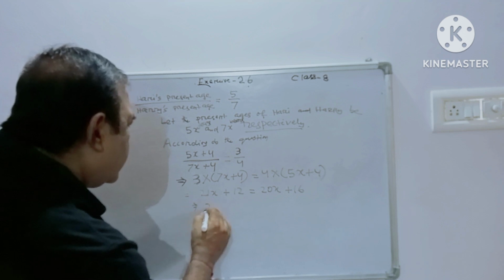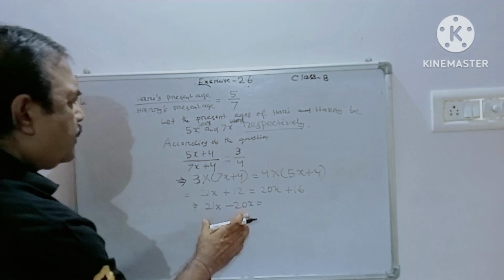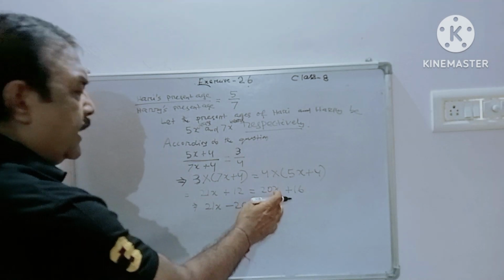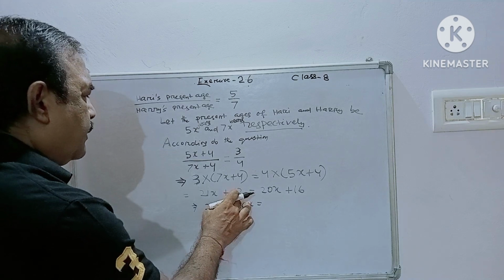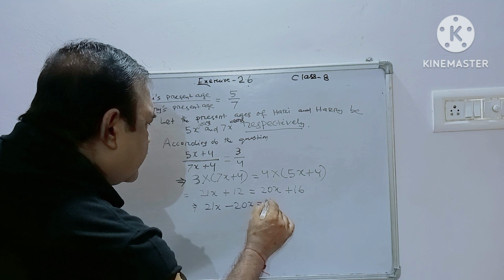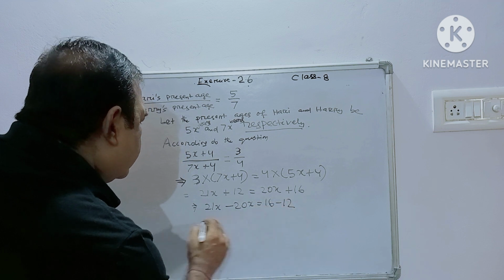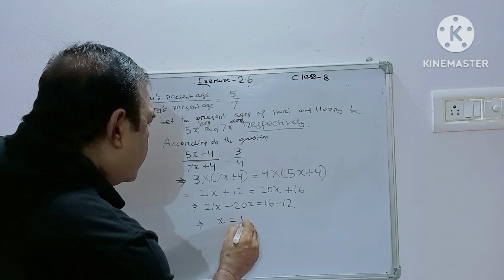That implies 21x minus 20x, because we have to bring the variables to one side and isolate the variable. So we transfer this number to the right hand side: 16 minus 12. That implies x is equal to 4.